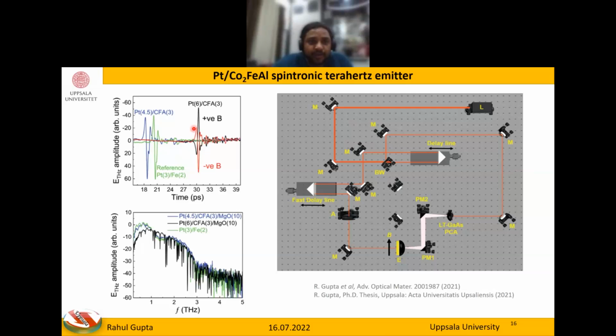We also optimized the platinum thickness to get the maximum signal, and that thickness corresponds to 4.5 nanometers, and the signal of this emitter is approximately equal to that of iron platinum. And this is the fast Fourier transform of the time domain signal, which gives the bandwidth of our emitter, approximately 0.1 to 3 terahertz.